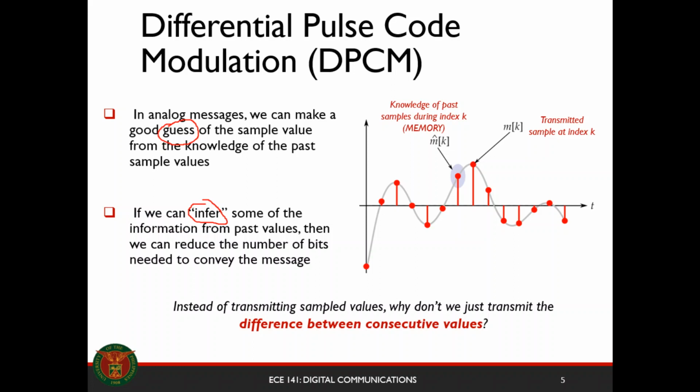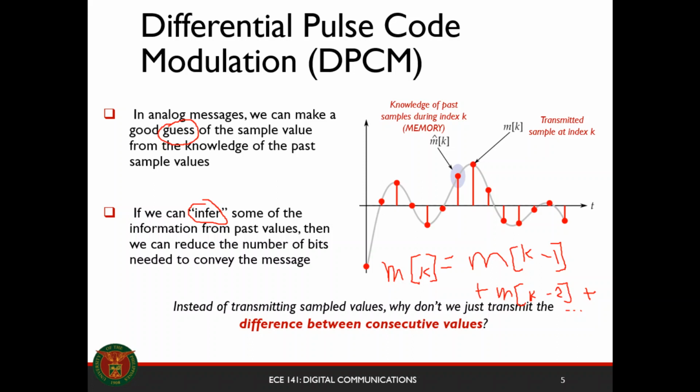Right? And if you're transmitting the difference of two or more samples, basically your current sample, m of k, let's say, is actually a function of your previous sample, and the previous sample, there you go, and so on and so forth.